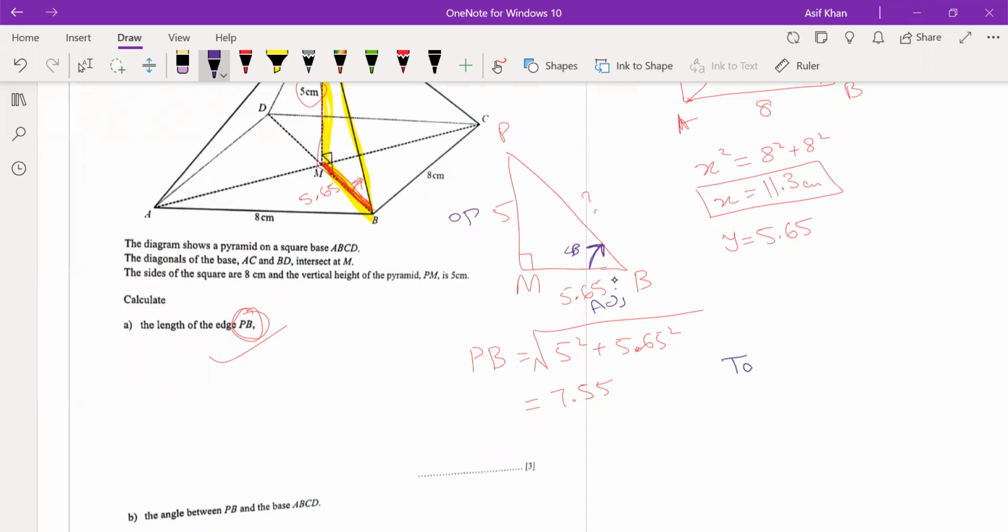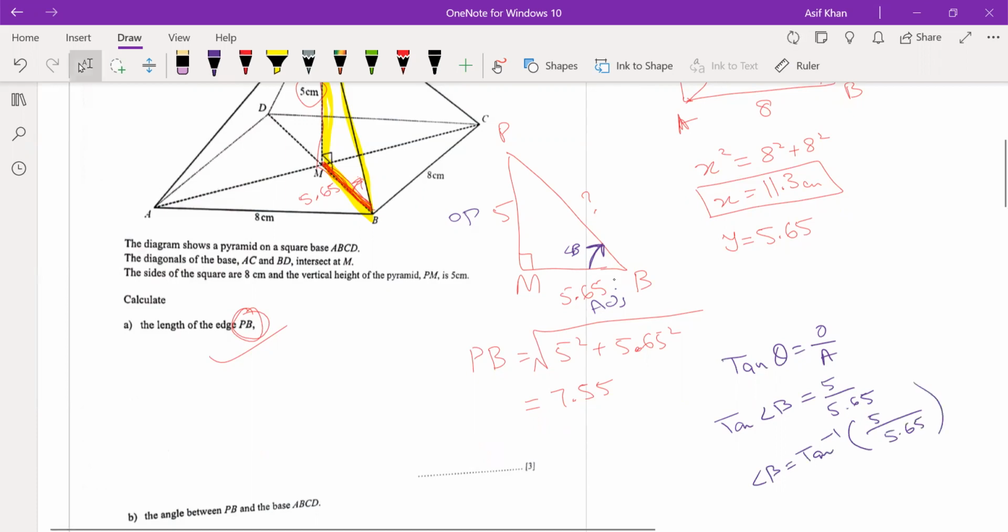So tan theta is equal to opposite over adjacent. Then angle B is equal to tan inverse. Opposite is 5, adjacent is 5.65. Angle B you have to find. Angle B is equal to tan inverse of 5 over 5.65. Put this value in, and you will get the angle B.